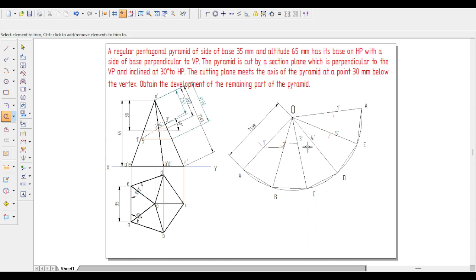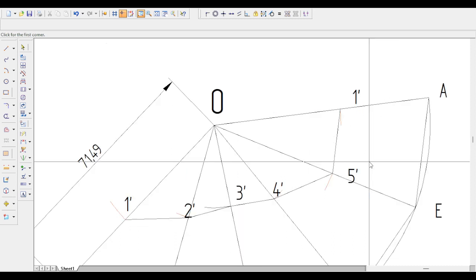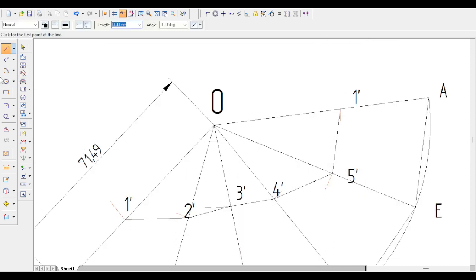So now let's connect this one. Right, this is how the cutting plane is going to cut all the slant edges with the respective points here.